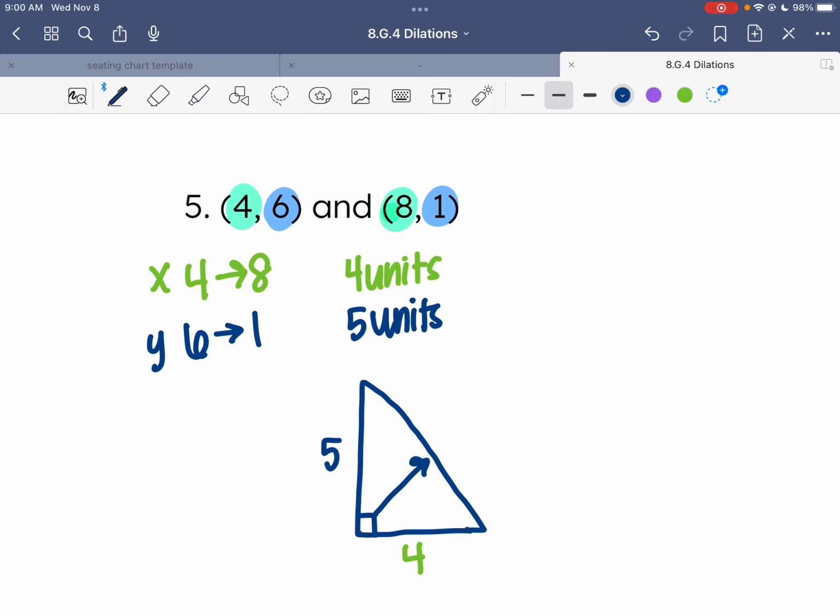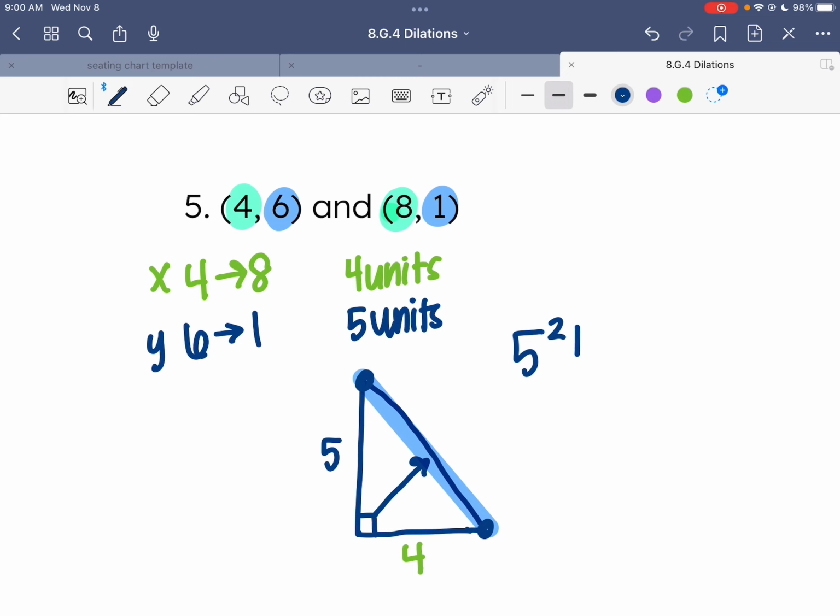We're going to find our hypotenuse, which is the distance between our 2 points. So we basically just made a visual representation of that distance between the 2 points after we determined how many units were between the X values and the Y values. So now we're going to plug it into the Pythagorean theorem.